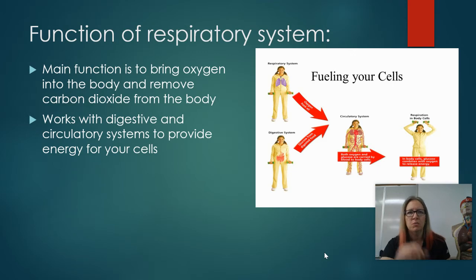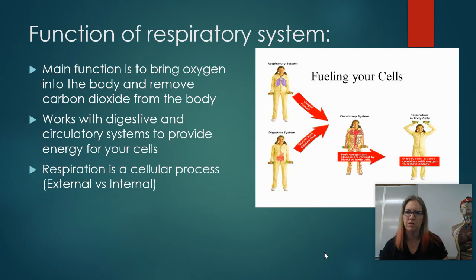All right, so your respiratory system works with your digestive system and your circulatory system to provide energy for your cells. I don't know if you remember really early on in the year, we talked about glucose, okay, and this process of cellular respiration. Well, your digestive system breaks down the food you eat and gives that glucose to your cells.